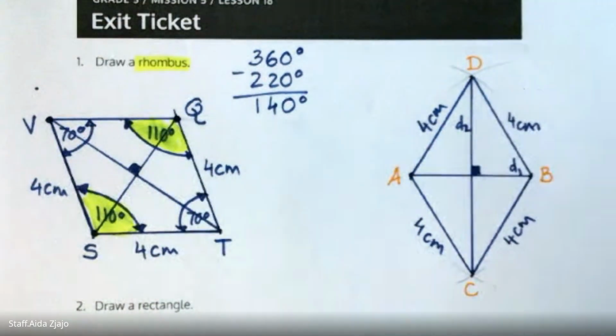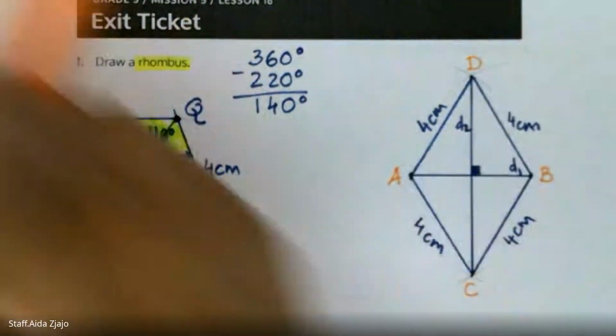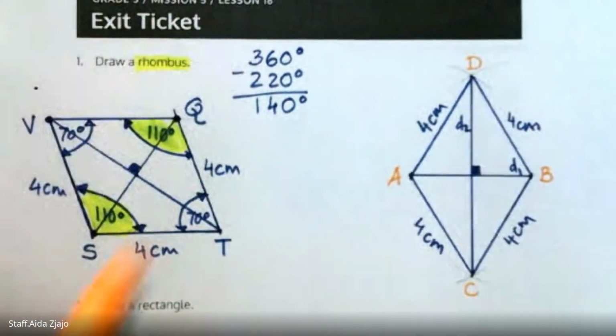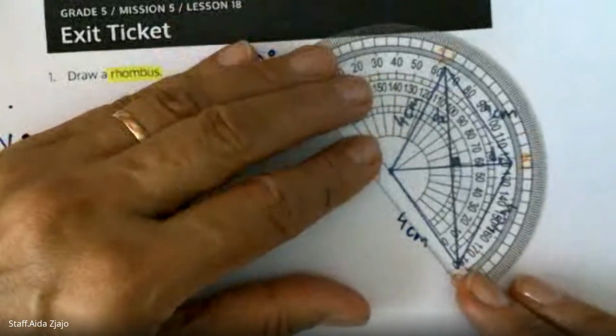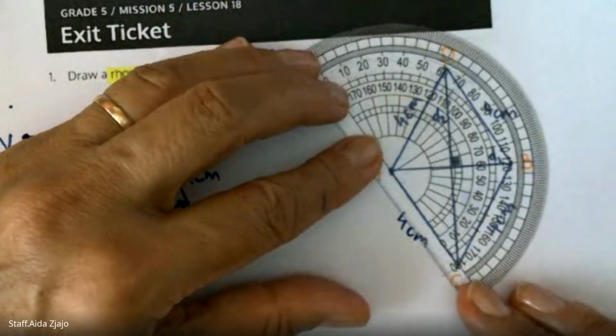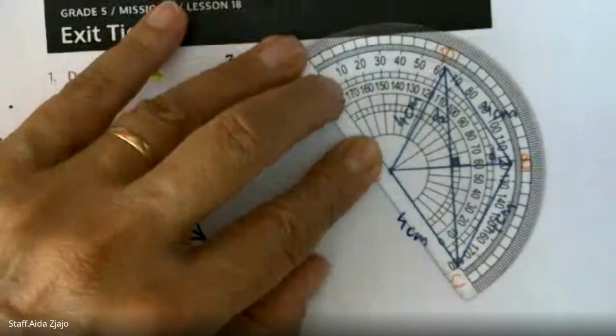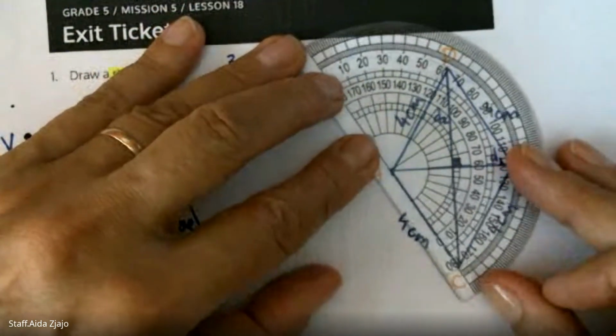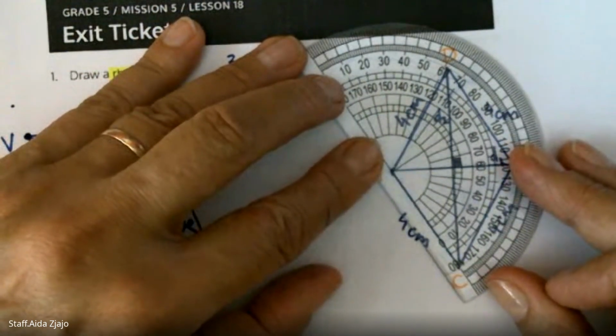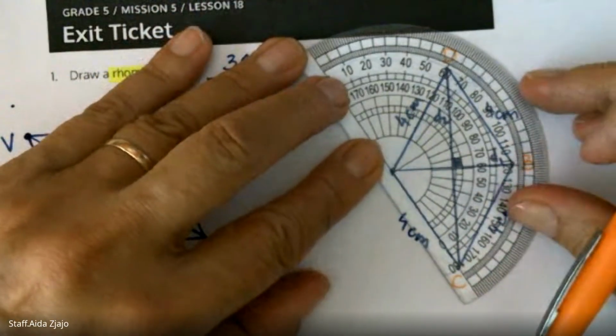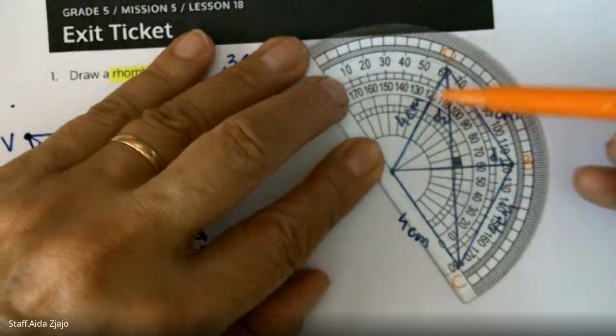So if I take this and measure just one of the angles, I can see that the other ones will be the same. So this is a little bit more complex. It's like 120.